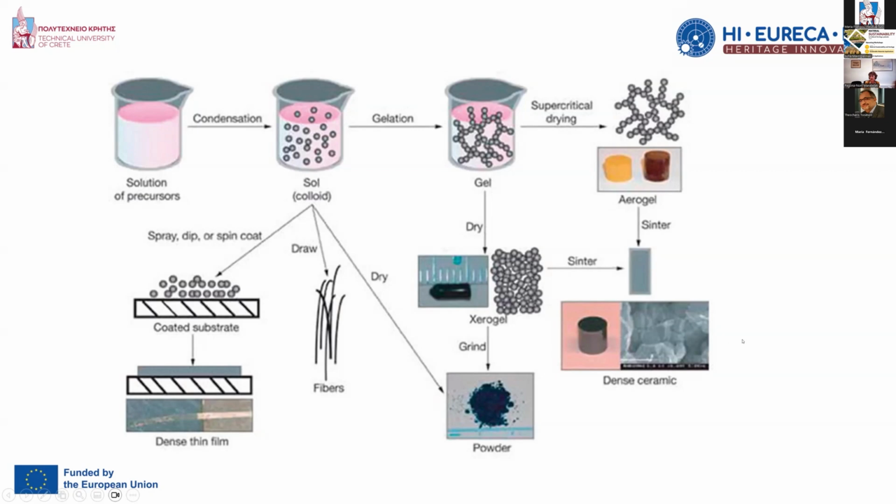Those steps are very important in the chemistry of the sol-gel process, because products like aerogel and dense ceramic materials have a lot of applications in the materials sector, and of course, especially aerogel has an impact on the production of insulation products, which is very important nowadays.